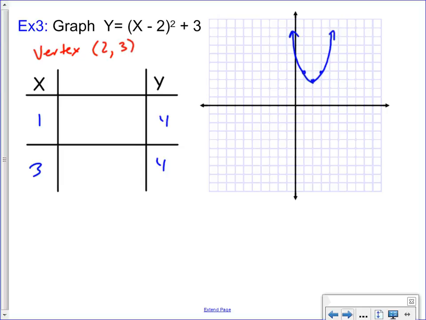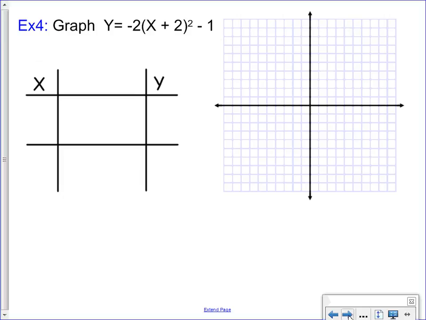Okay. Next one. What's the first thing? -2, -1 is the vertex.